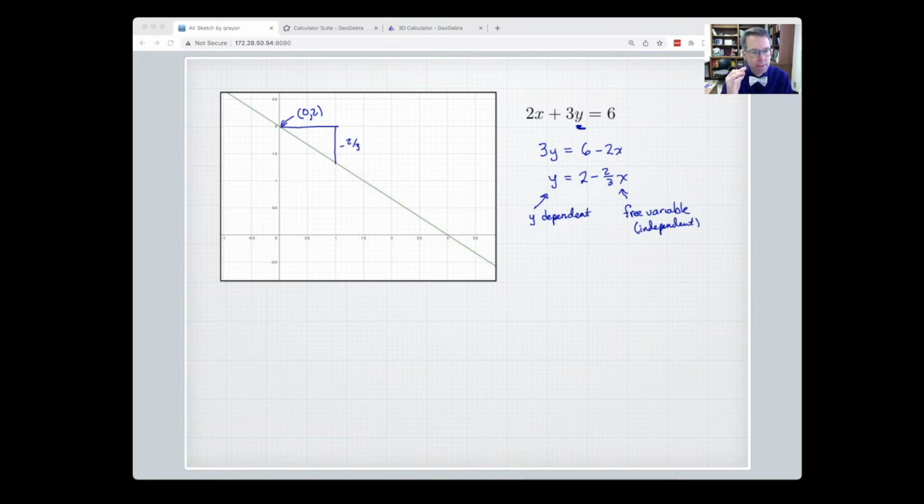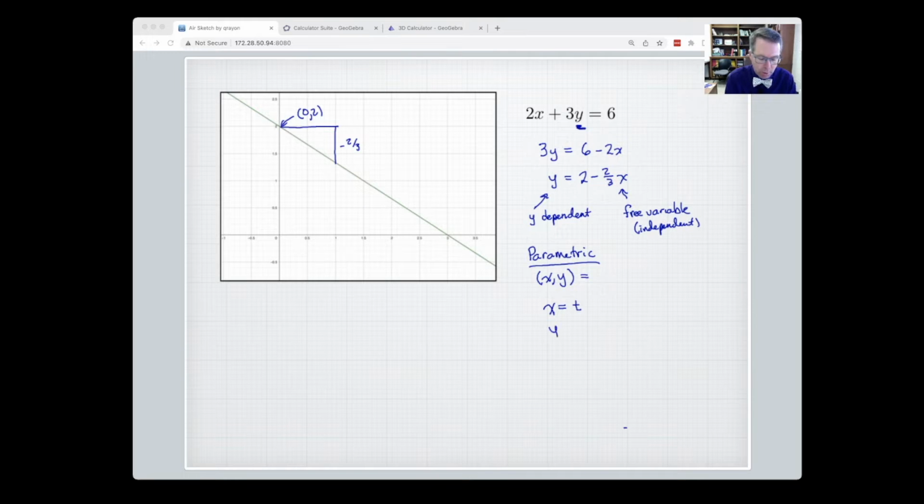So now we're getting ready to talk about a parametric representation of the same line. Instead of thinking about x as the independent variable and y as our dependent variable, we're now going to think about x and y as both being dependent on something. So we're going to represent a parametric curve where our point (x, y), because x is a free variable, we're going to let x be represented by our parametric value, or parameter, t.